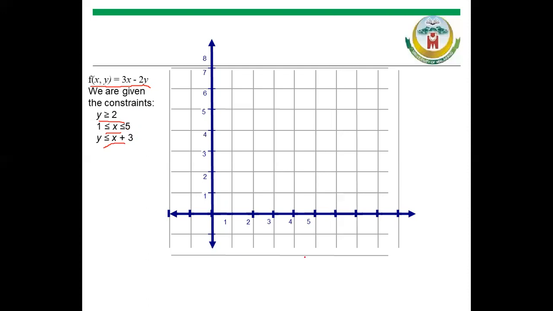Let's say this is our x-axis, this is our y-axis, and the first constraint is y should be greater or equal to 2. So we draw this line. On the y-axis, this is y0, this is y1, and this is y2.